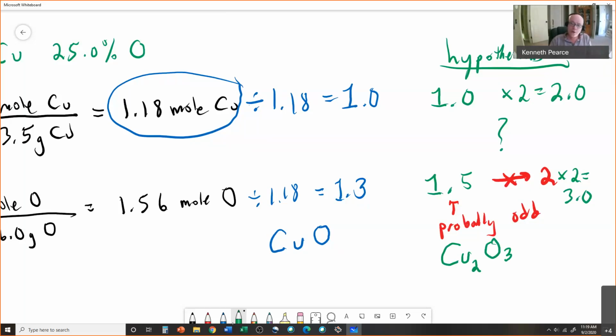So if you end up being somewhere between, I would say, 1.4 to, let's go 1.7, I would consider multiplying times 2.